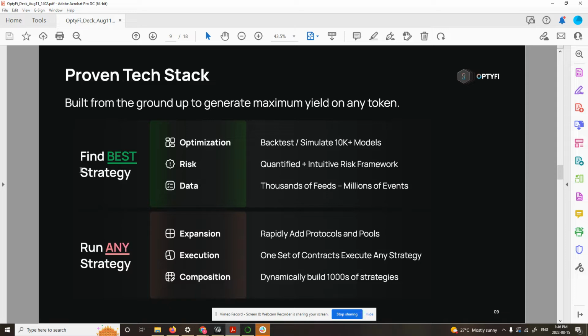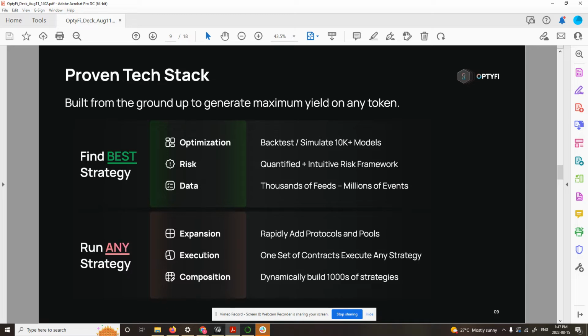So let's get started. The first half of the OptyFi tech stack deals with being able to run any strategy in DeFi, and there are three components. Strategy composition: how do we think of strategies and compose them dynamically so that we can build hundreds and even thousands of different strategies?